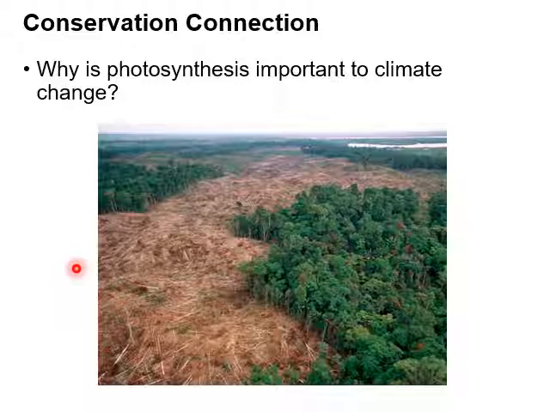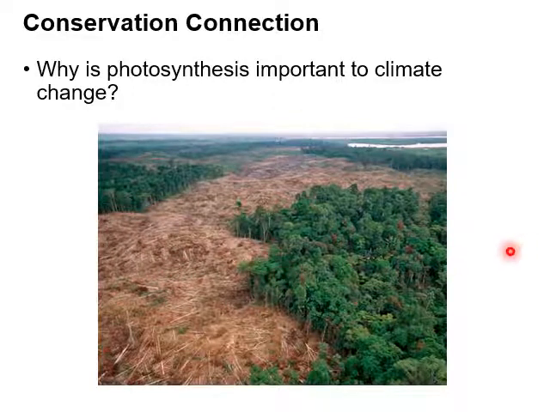Right, so this is getting at something that I want to be clear to you throughout the semester. A lot of the things that we're talking about are very much related to each other. Cellular respiration and photosynthesis are very much linked to each other by the carbon cycle. And climate change is related to both of those things because plants take up carbon dioxide from the atmosphere using photosynthesis.